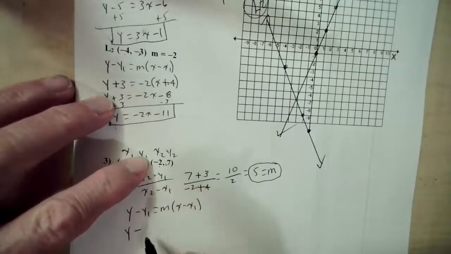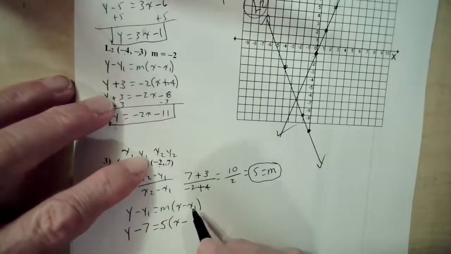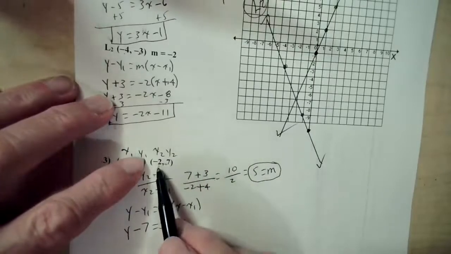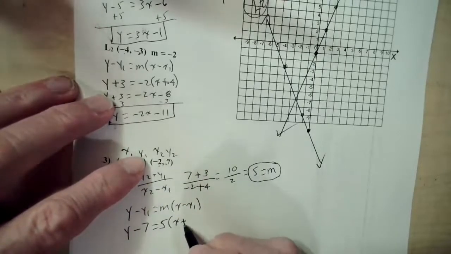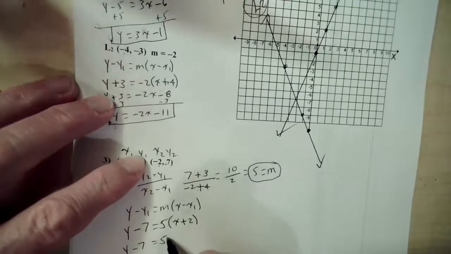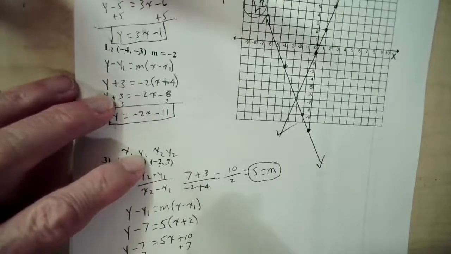So y minus 7 equals m, which is 5, open x minus x1 is negative 2, so that makes it a plus 2. So y minus 7 equals, now we're going to distribute the 5 over everything in here. 5x plus 10, add 7 to each side. Y equals 5x plus 17.